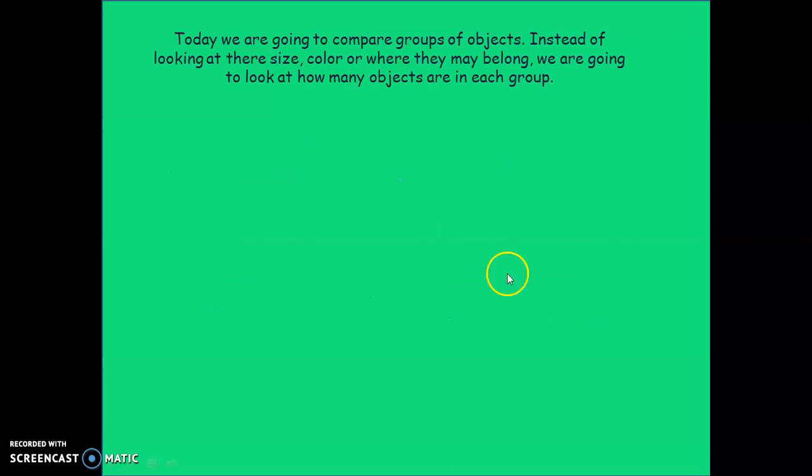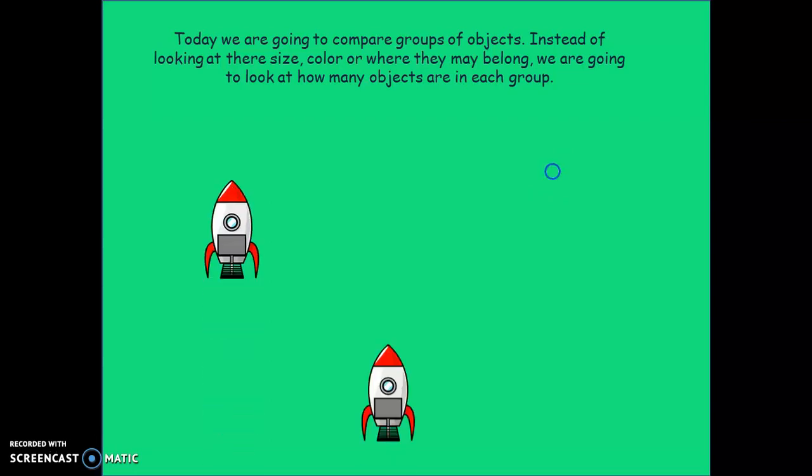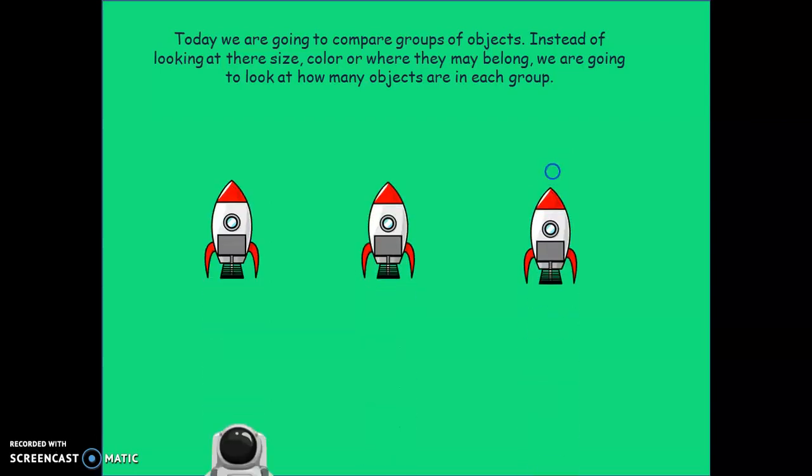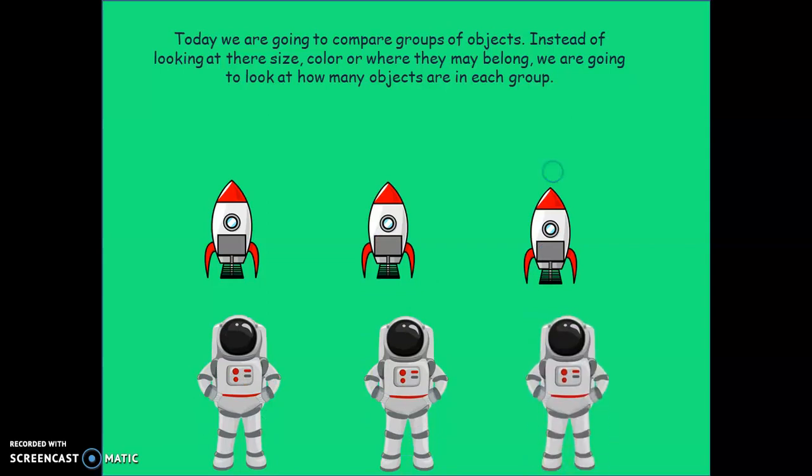So today we're going to compare groups of objects. Instead of looking at their size, color, or where they may belong in a group, we're going to just look to see how many objects are in that group. So I have 1, 2, 3 rocket ships and 1, 2, 3 astronauts. I'm going to line them up to make sure that each rocket ship has an astronaut.